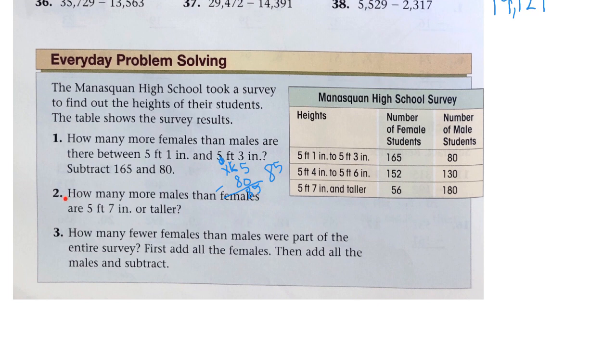Number 2. How many more males than females are 5'7" or taller? So here's that, 5'7" or taller. There's 56 female students and 180 male students. So how many more males than females?